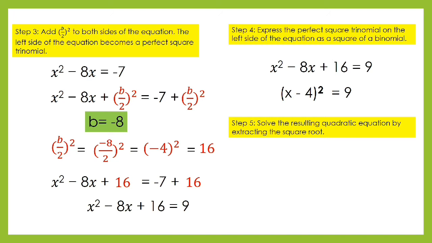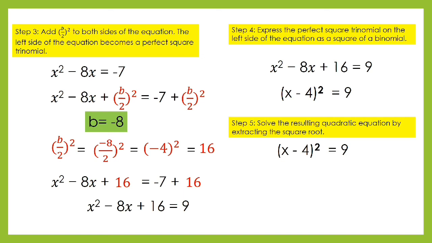Step 5. Solve the resulting quadratic equation by extracting the square root. So, we have now the square of quantity x minus 4 equals 9. Balikan natin ang extracting the square root. I-extract natin both sides of the equation.